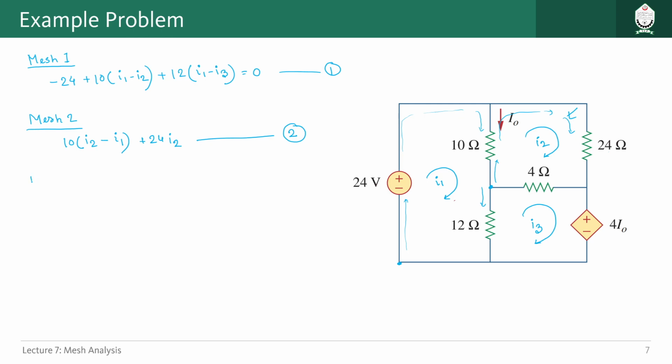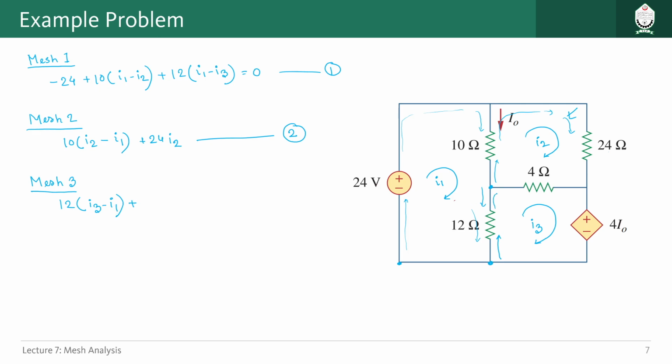And now for equation number 3, we will have to apply KVL in mesh number 3. So here if you look at this one, we will start from here in the clockwise direction like this, and we have 12 ohm resistor, and same as our direction we have I3 in the upward direction but I1 in the downward direction, right? So we can write something like this: 12(I3 - I1), right?